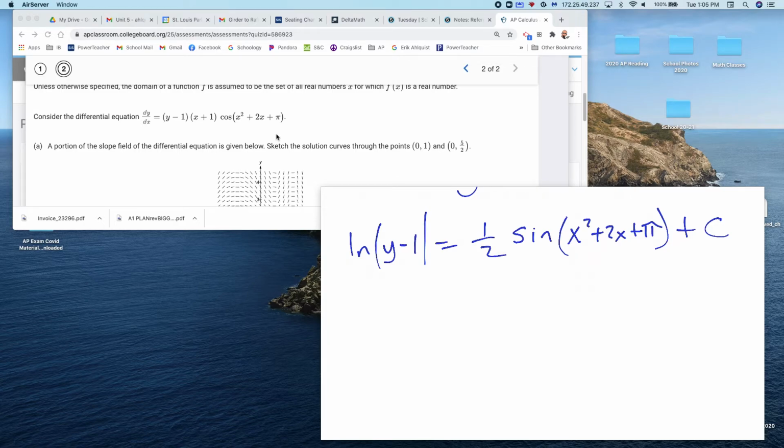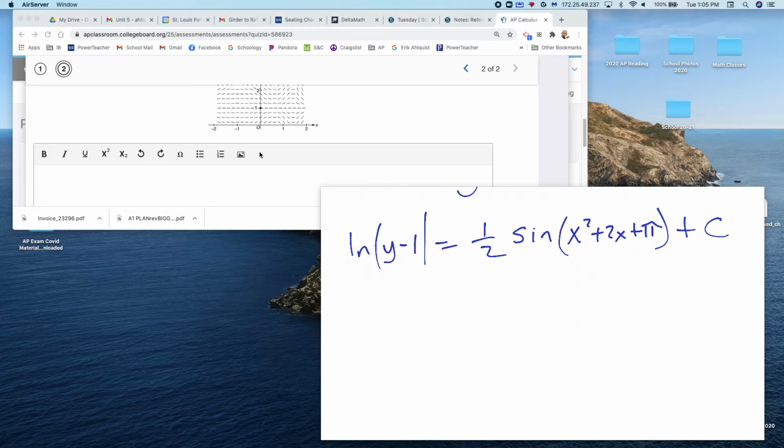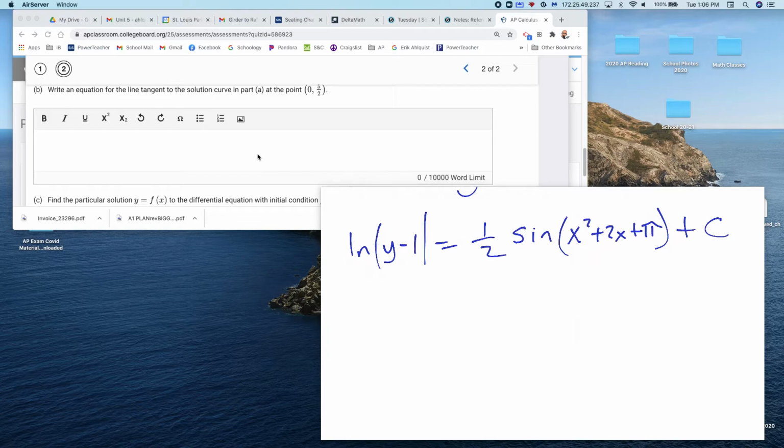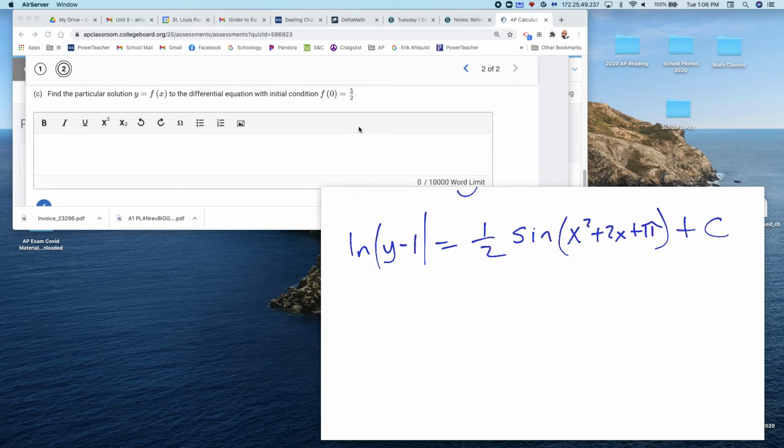So what I'm going to do is I'm going to use that point, 0, 5/2. That's the point they gave me here. So that's what I'm going to use. So I'm going to do the natural log of 5/2 minus 1 is equal to 1/2 sine of 0 squared plus 2 times 0 plus pi plus c.